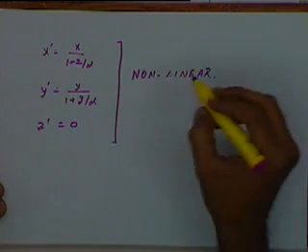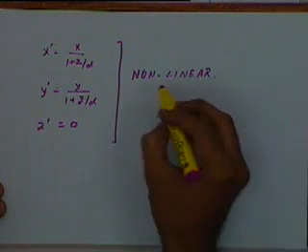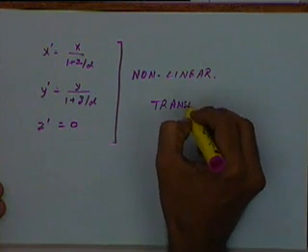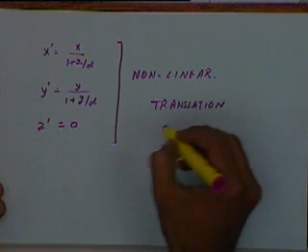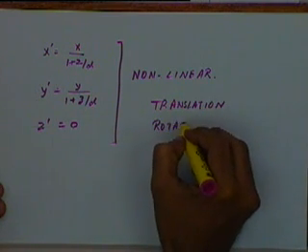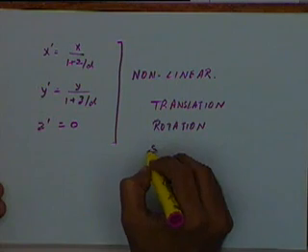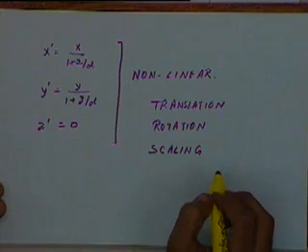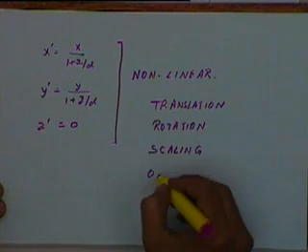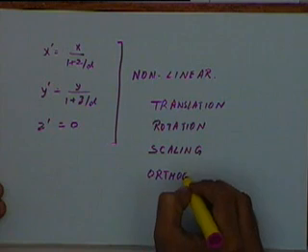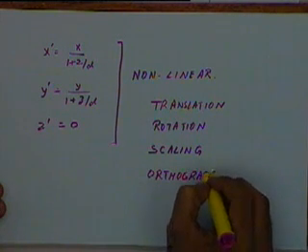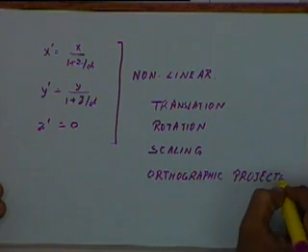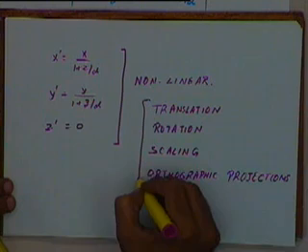All the transformations that we saw earlier, that is, we had seen translation, rotation, scaling and orthographic projections, all these were linear.